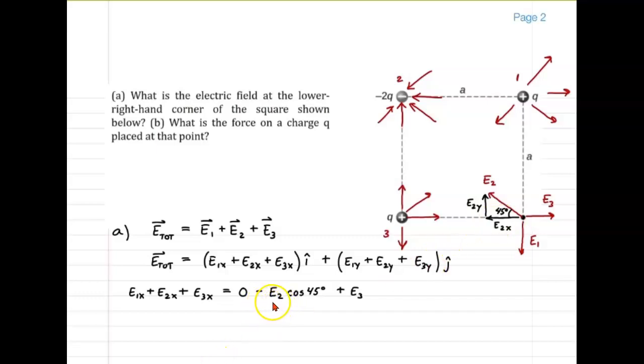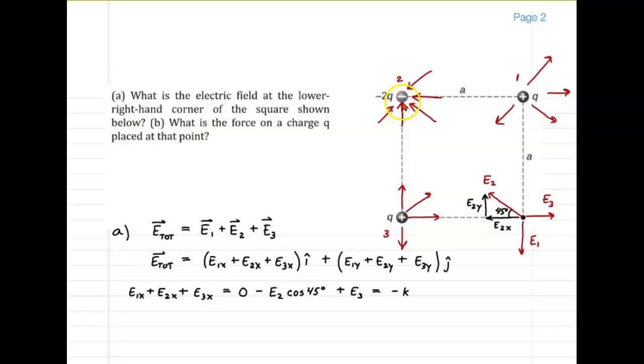Now we're going to put in what the magnitudes E2 and E3 are. This is where we use Coulomb's law involving K's and Q's. So we have equals minus K, and we're talking about the Q2 charge, which is over here, and this has charge minus 2Q.